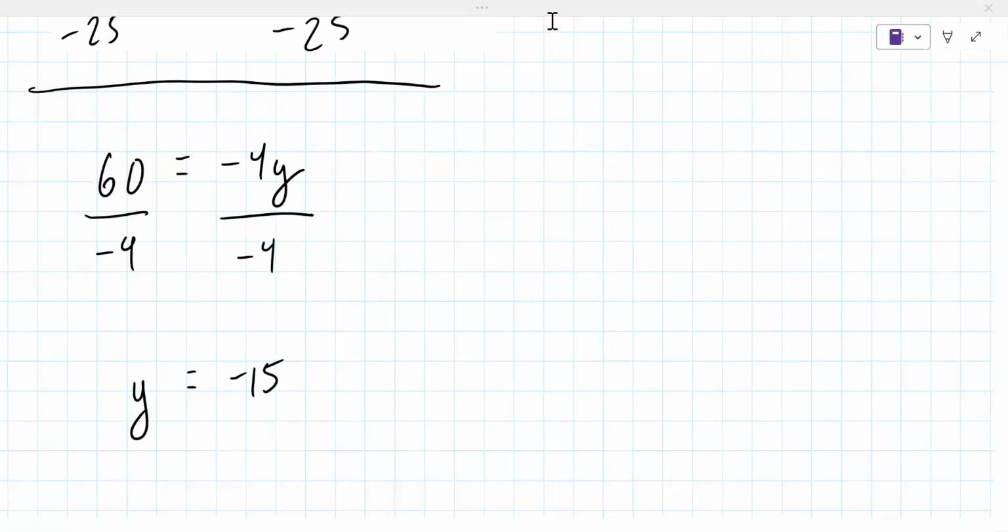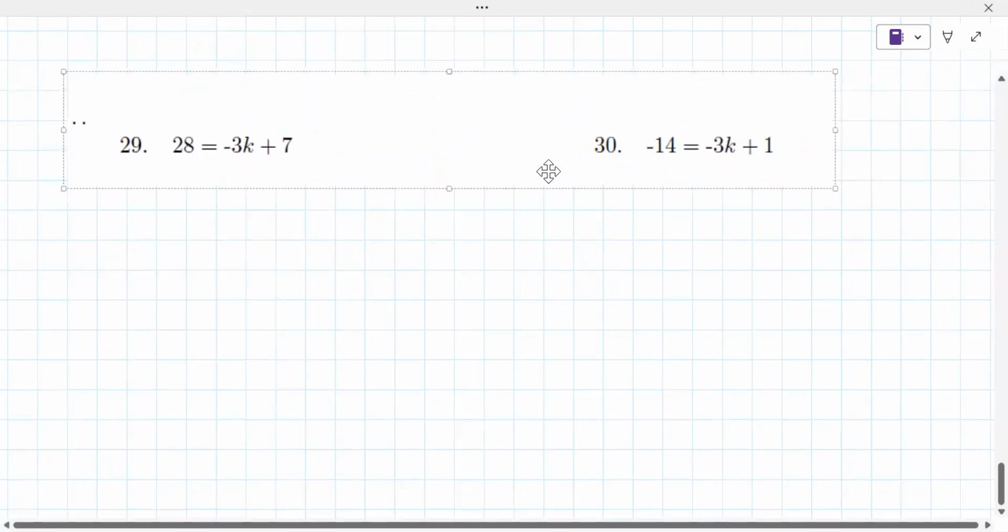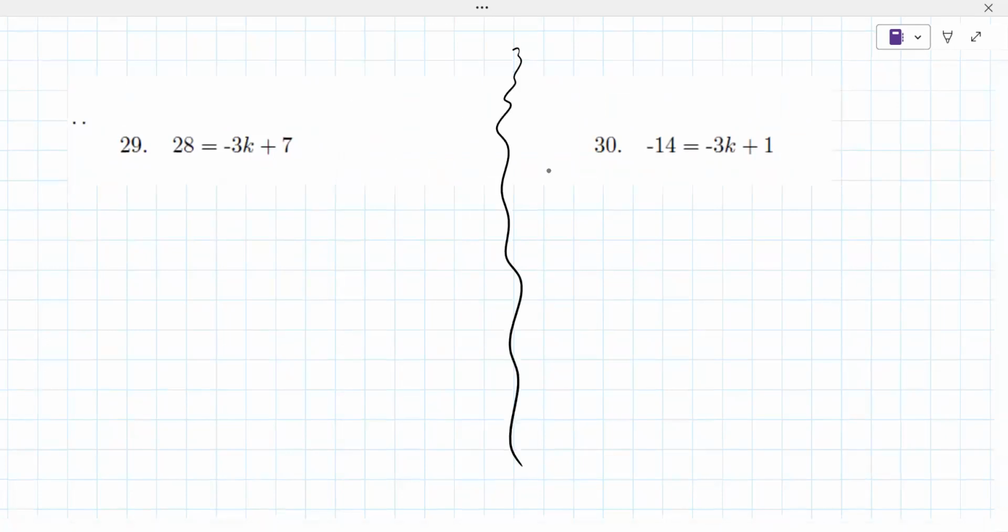Actually, let me give you two here. Give you two to try. You get these right, we'll definitely move on to something new. These are a little smaller numbers, so hopefully they go a little easier on you. Give those a try and let me know what you come up with.